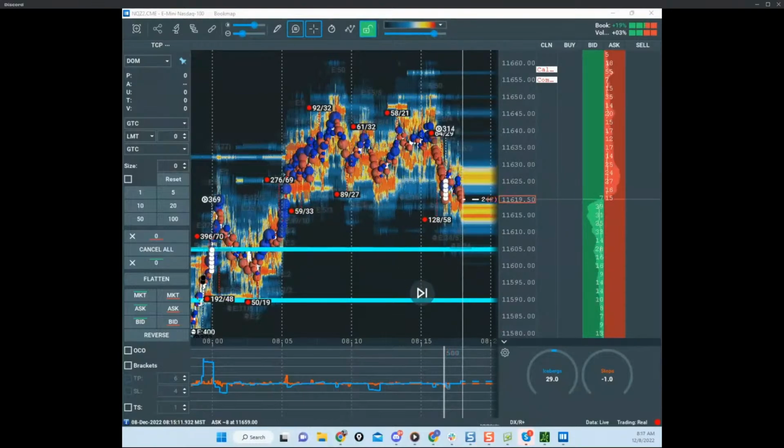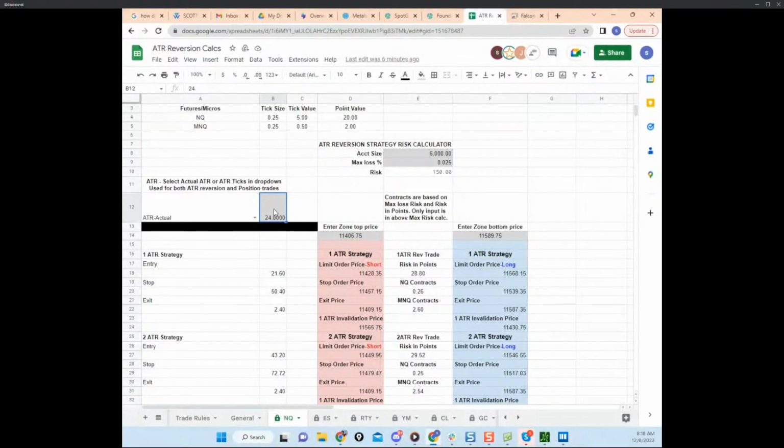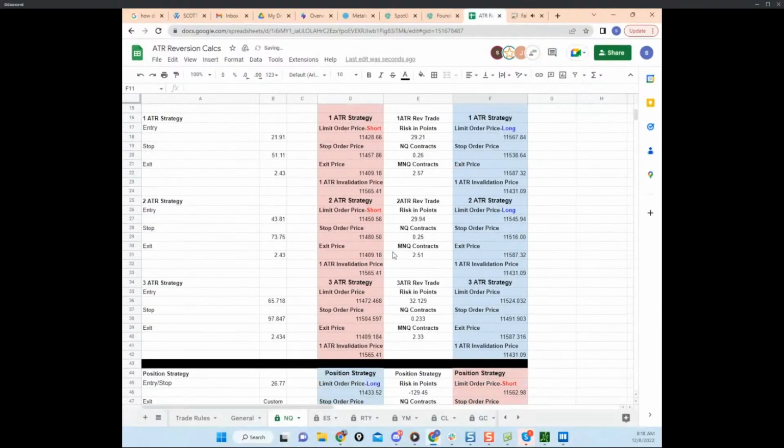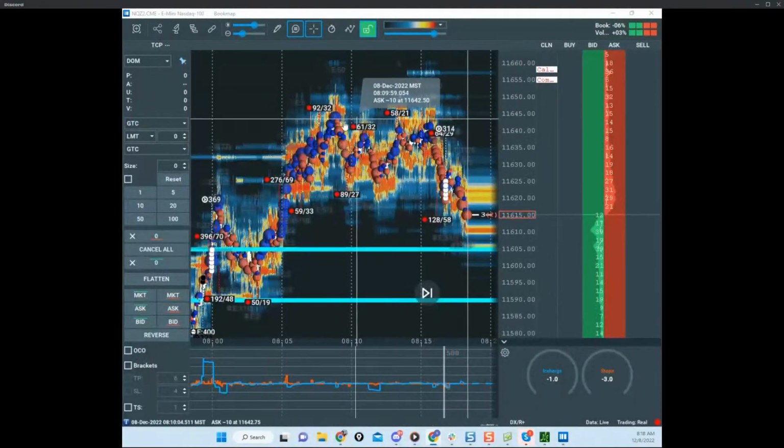So let me just give you an example of what I'm going to do here, right? If this does retest failure. So let's just make sure this ATR is accurate. It's 24.34. So this market, for one ATR away from the zone, was 11,431, a little more than that quarter.